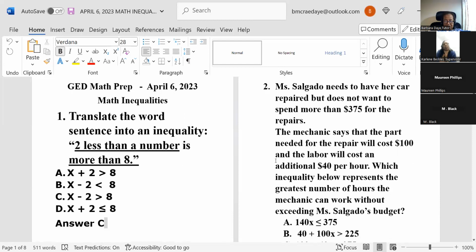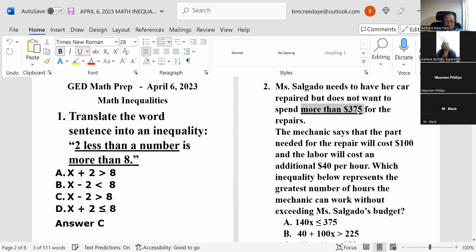Okay. Now, let's look at this one. Now, Mercedes, read number 2 on the next screen. Miss Salgado needs to have a car repaired, but does not want to spend more than $375 for the repairs.